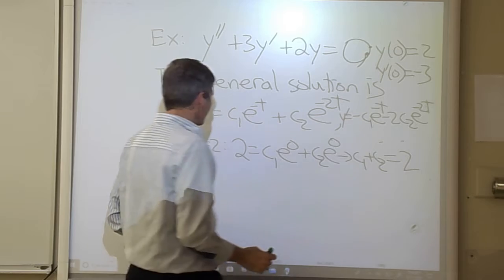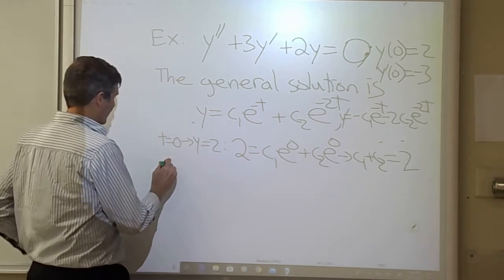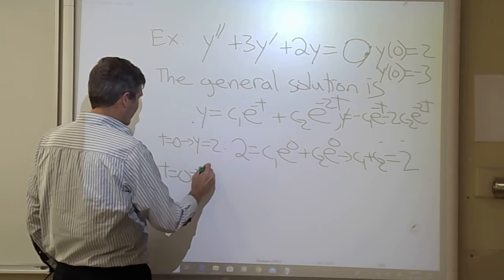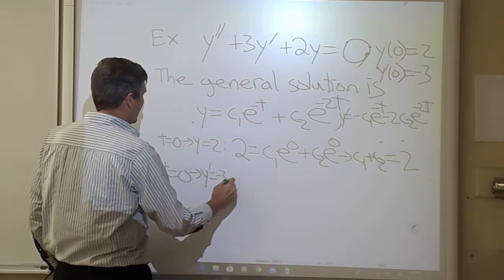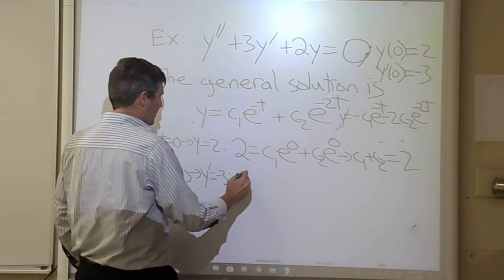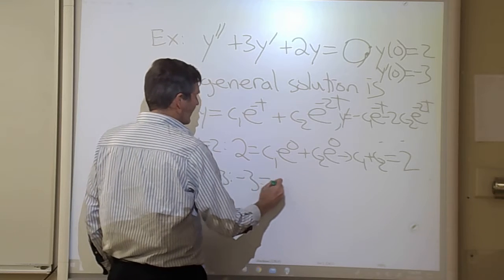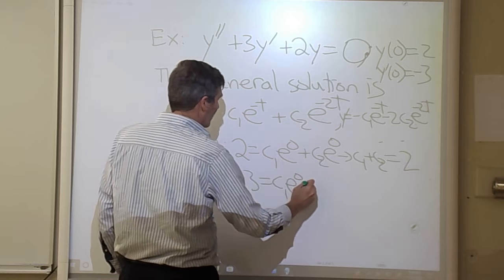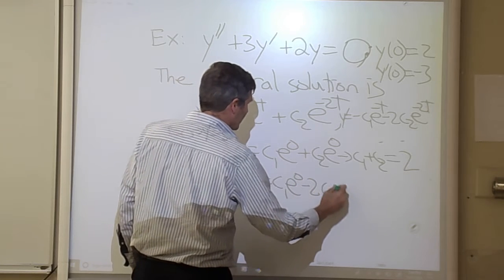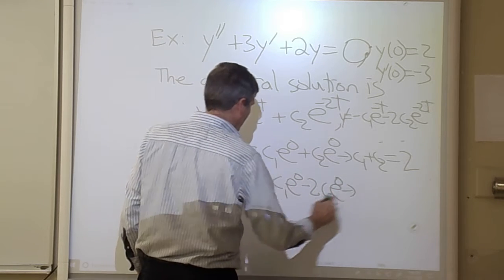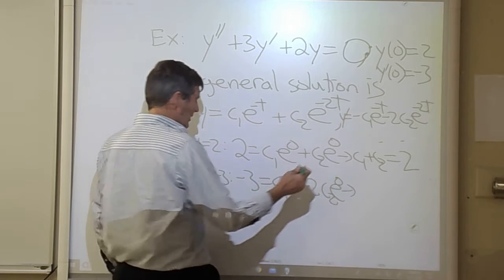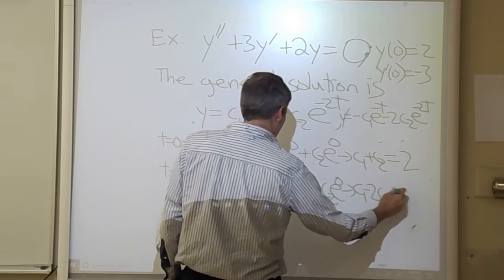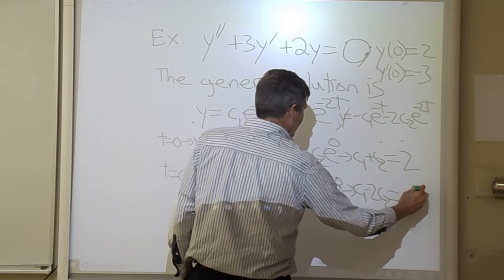There's the derivative. And the second initial condition says that when t equals 0, y prime is minus 3. So we put that into the derivative equation and get minus 3 equals c1 e to the 0 minus 2 c2 e to the 0, or more succinctly, c1 minus 2 c2 equals negative 3.